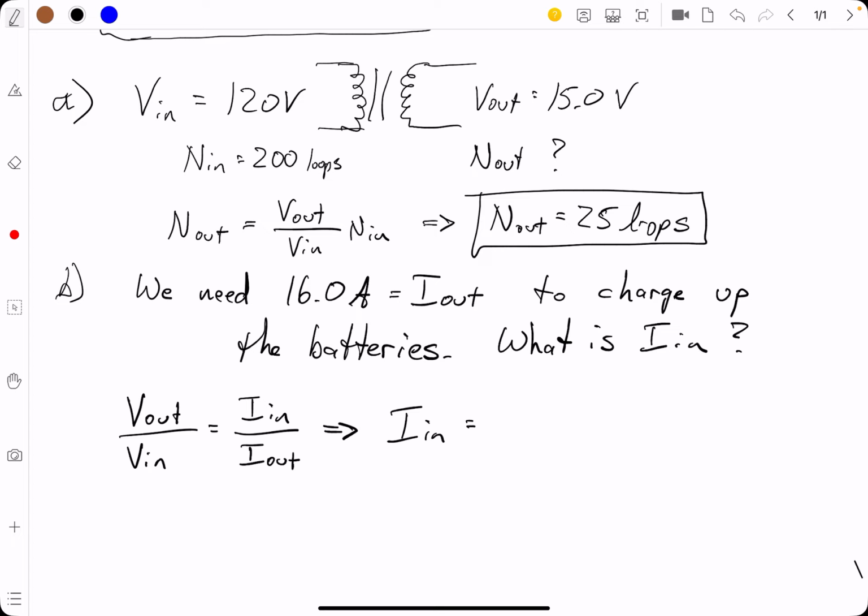That means I in equals V out over V in times I out. And again, if you notice, that's our power on top there. We just plug all those things in, plug and chug, and in the end, you end up with 2.0 amps.